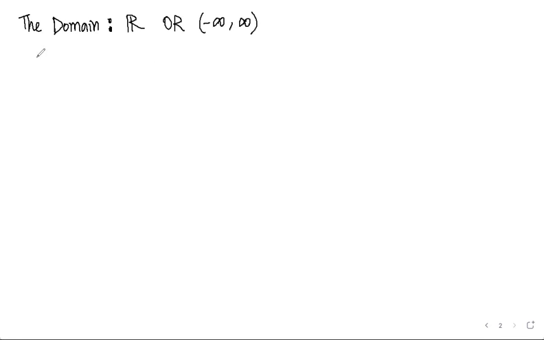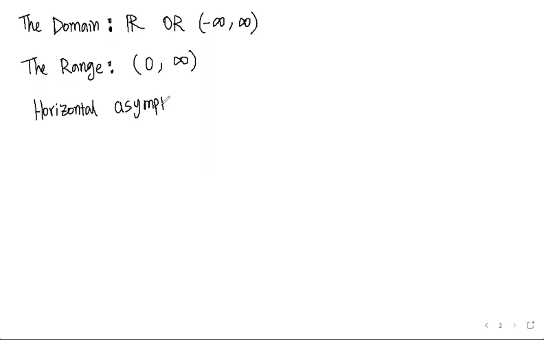The range is from 0 to infinity. And the horizontal asymptote is the x-axis. I can define it as y equal 0. Okay.